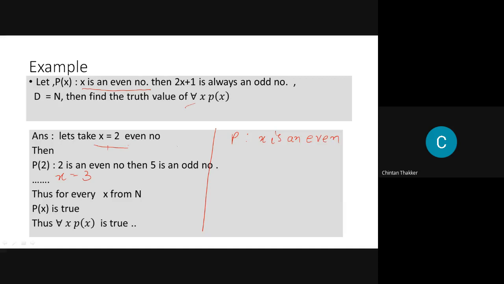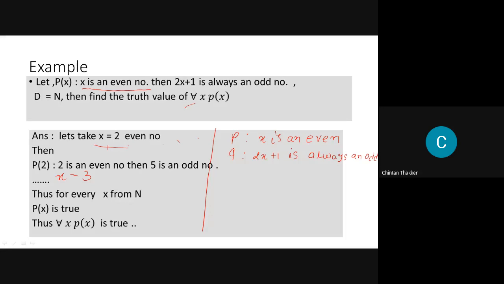And the Q, we write the Q. Q is 2x plus 1 is always an odd number. Okay, so these two we have, P and Q.